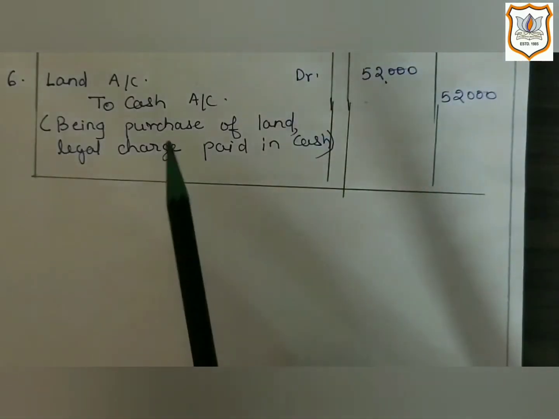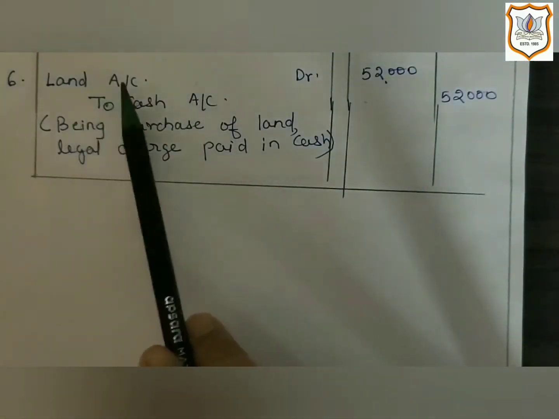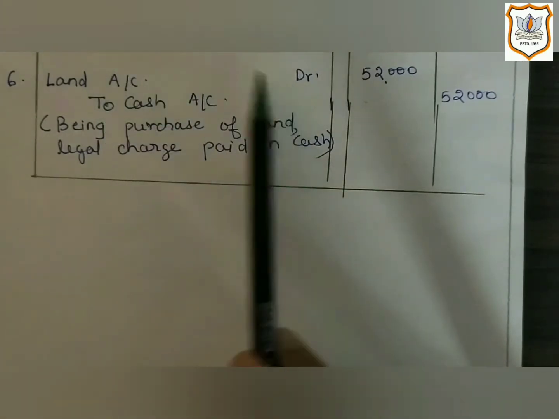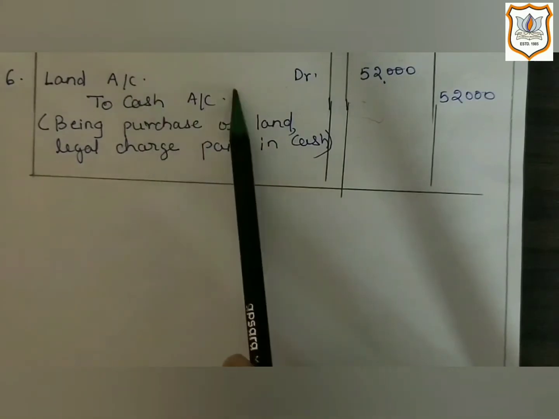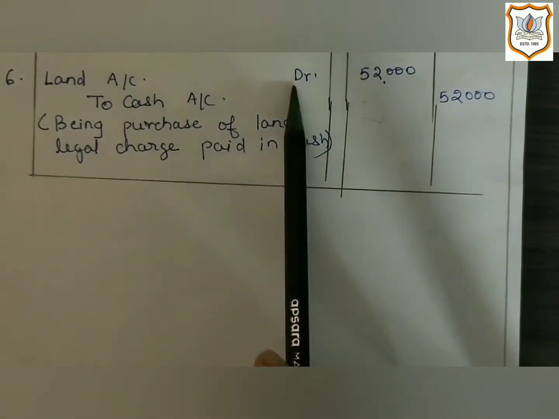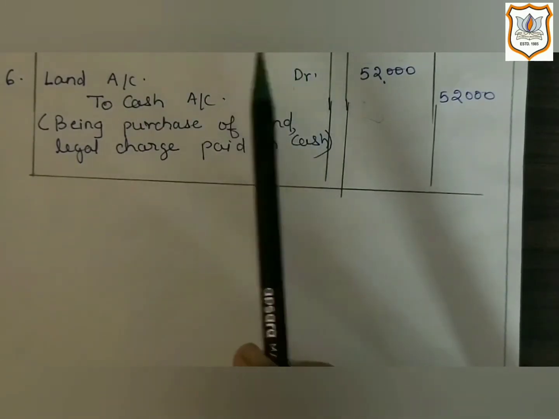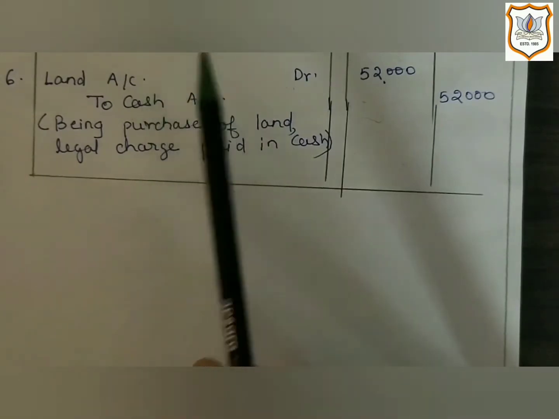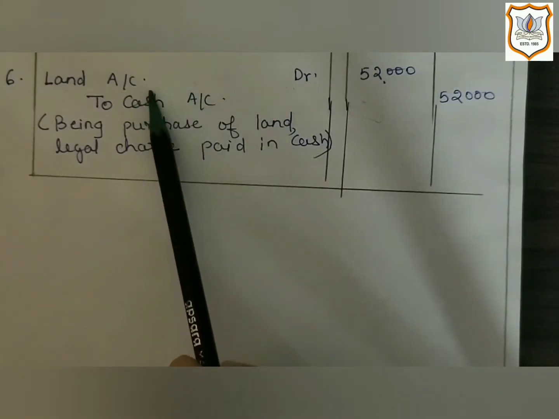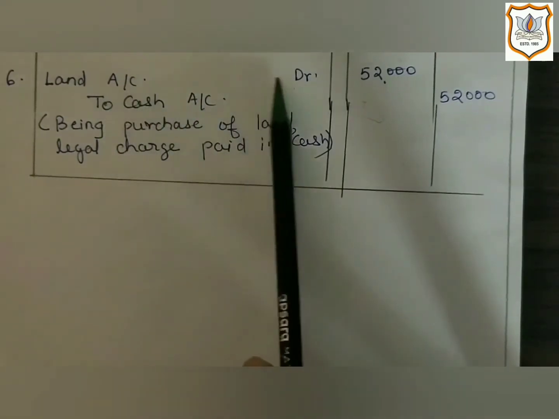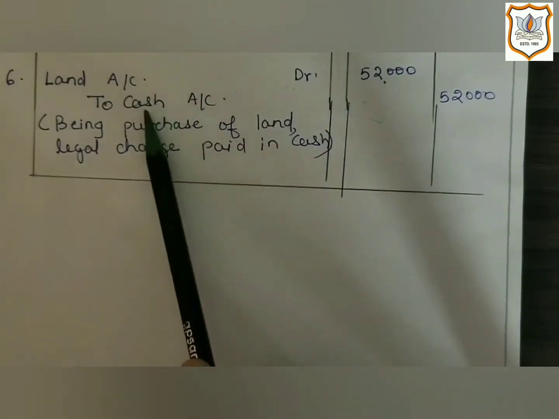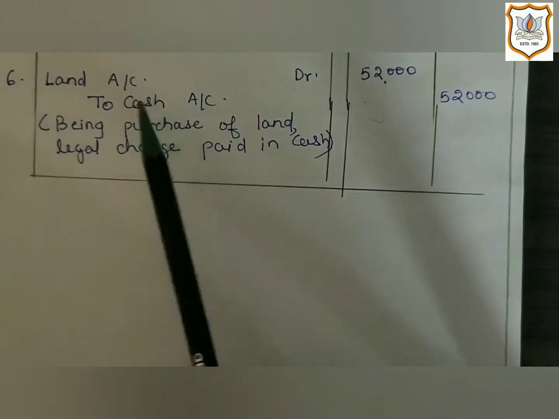So here is journal entry for this transaction. Here land account will be debited and cash will be credited. Here land is an asset. So as per the rule of real account, which says debit what comes in. So here asset is coming in the business or asset is being created. That's why land account will be debited. And cash account is also an asset.